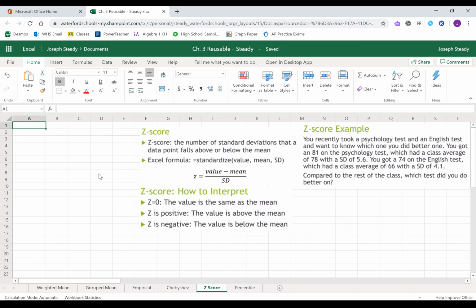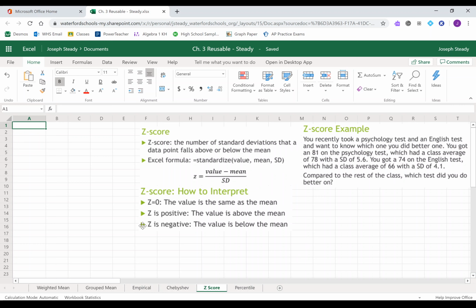There are two ways we can calculate z-score. Excel has a built-in formula called STANDARDIZE. And we can also just do it by hand because the formula is pretty easy. We take our data point, the value, subtract the average from it, and then divide by the standard deviation. So both of these will work.